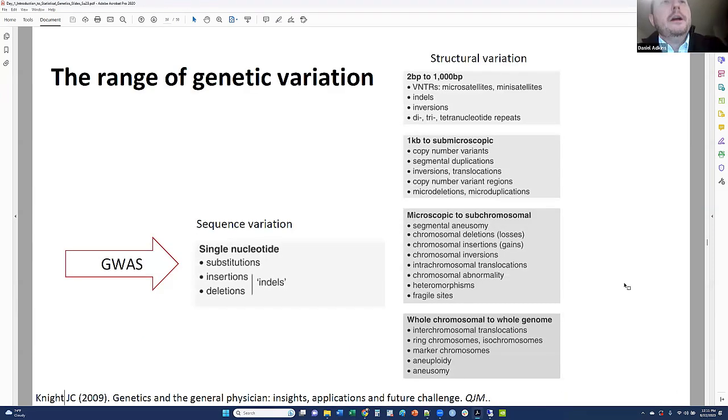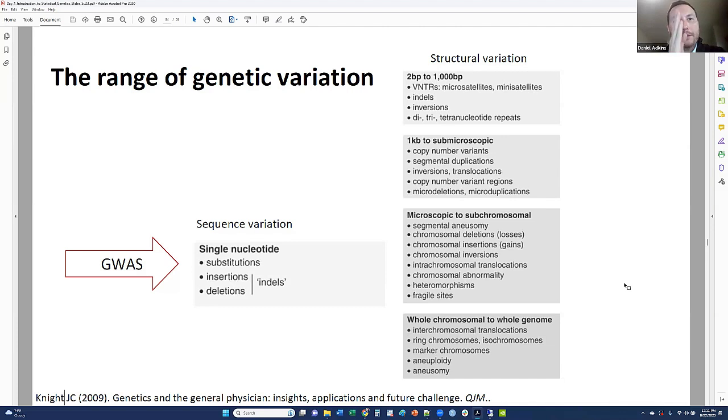Okay, the range of genetic variation. Another typology that we use to characterize and define genetic variation is sequence variation versus structural variation. Sequence variation is variation at the single nucleotide level.